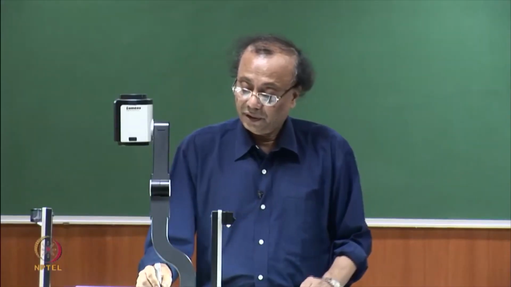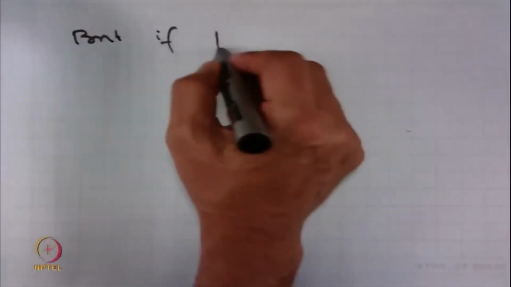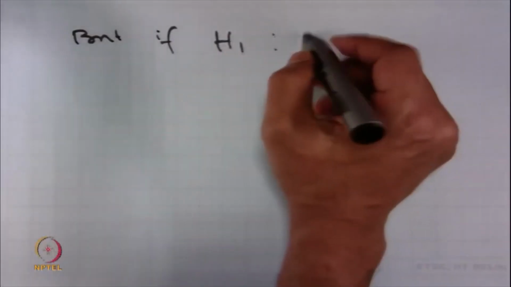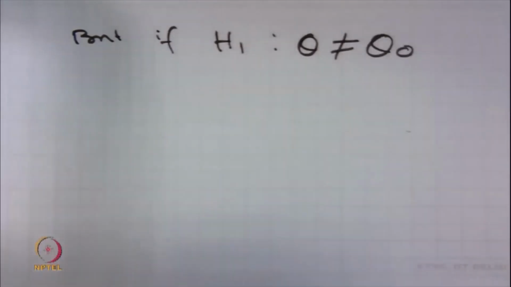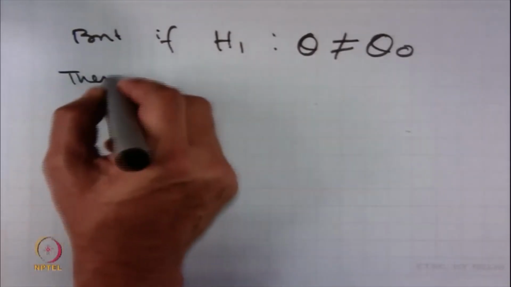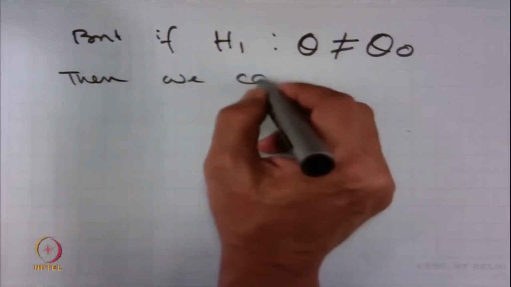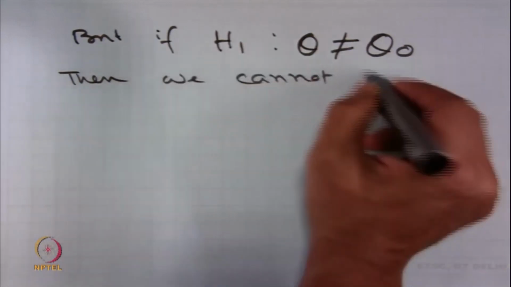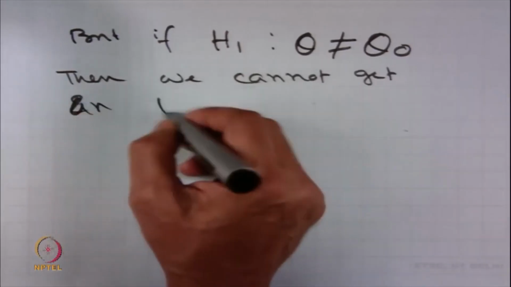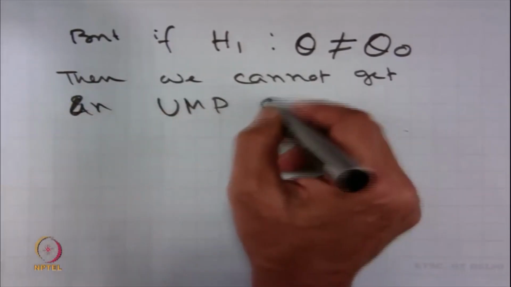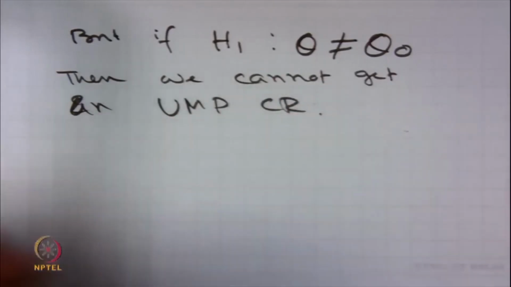But if H 1 is of the form theta not equal to theta naught, then we cannot get a uniformly most powerful critical region in general.